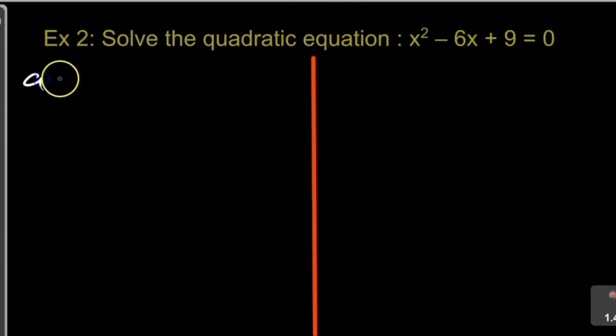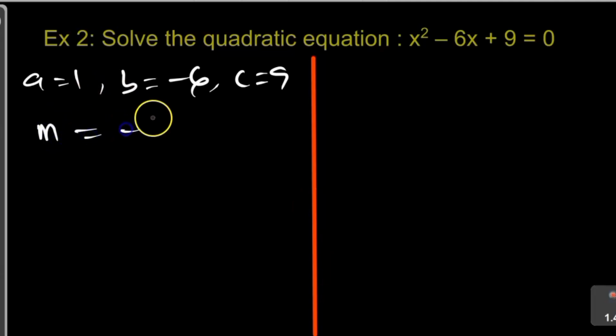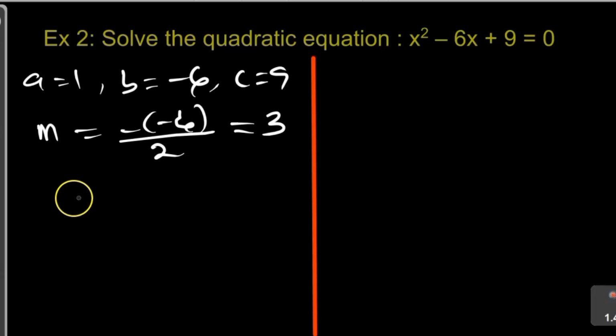Our a is 1, b is minus 6, and c is 9. Our M will be minus b over 2a, so I have 3 as my M. So U squared will be 3 squared minus 9 over 1, which is 9.